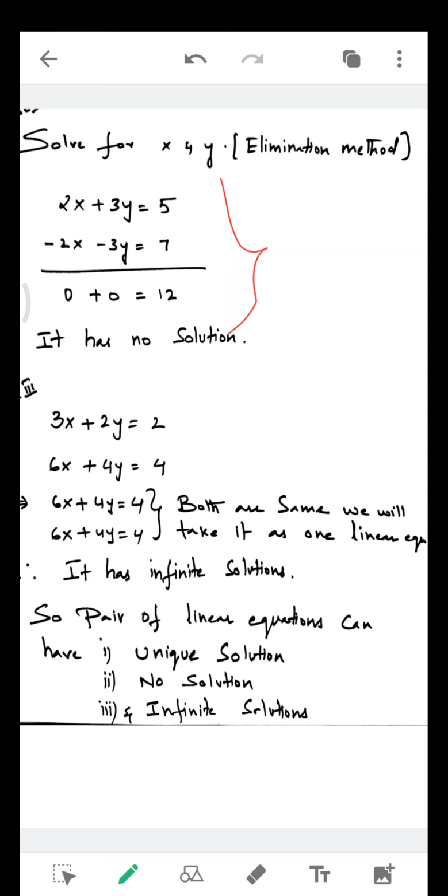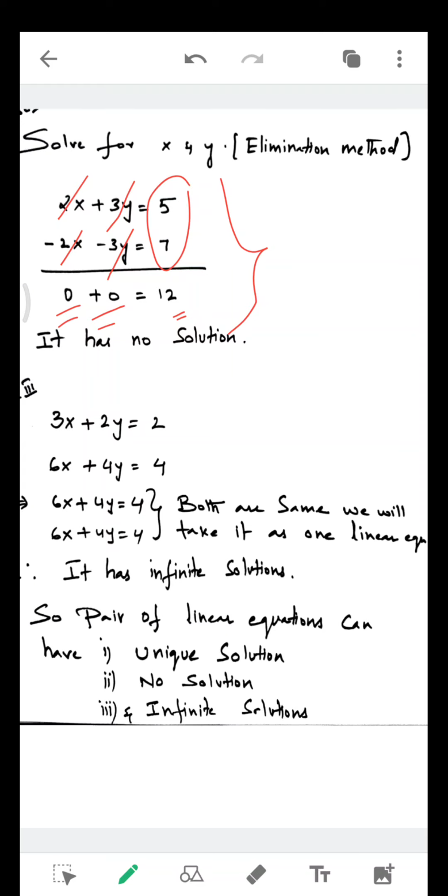I can eliminate 3y minus 3y, plus 3 minus 3 becomes 0. Then 2 minus 2 also gets eliminated. So nothing remains, there is no variable remaining. Got it? And 5 plus 7 is 12. So whose value will you find if there is no variable remaining in the question?